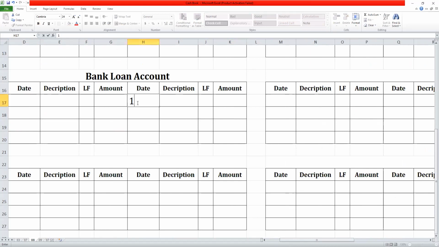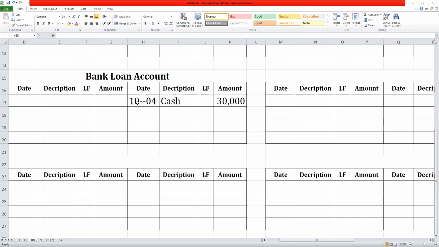On 10th of April, we have to credit the bank loan account as we have obtained a bank loan valued 30,000 rupees.